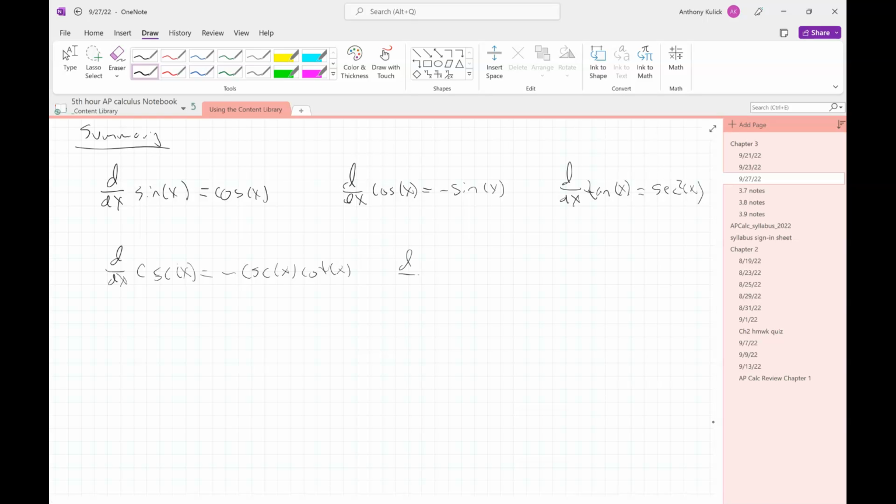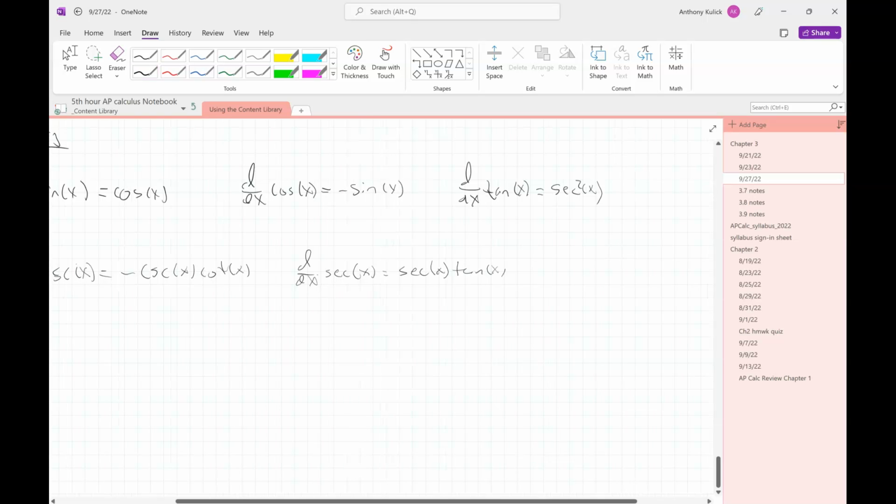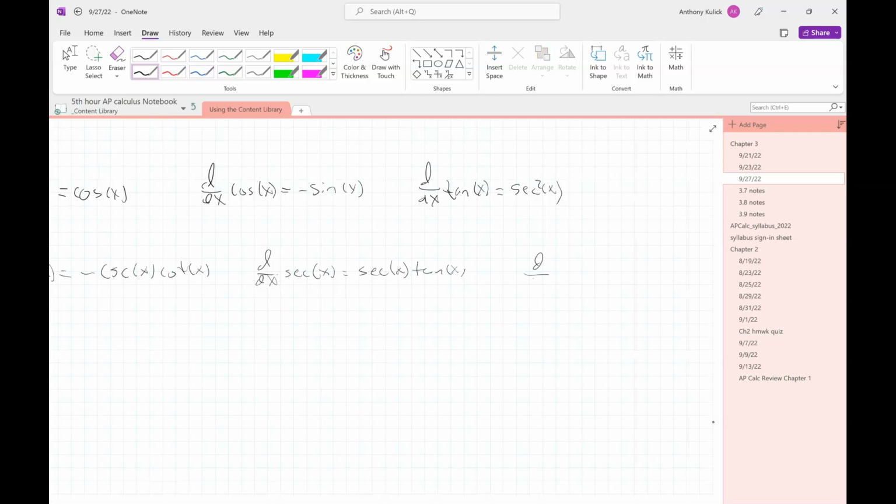Well, that's weird, Mr. Kulik. Yeah, a little. The derivative of secant is positive secant times tangent. And the derivative of cotangent is negative cosecant squared.